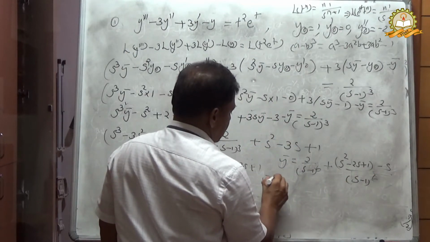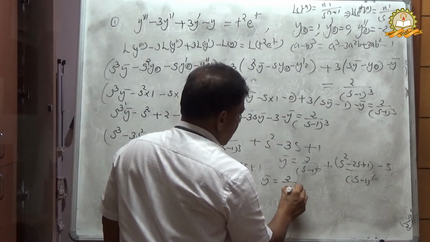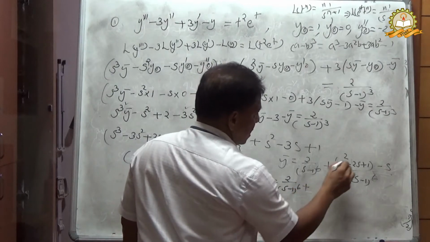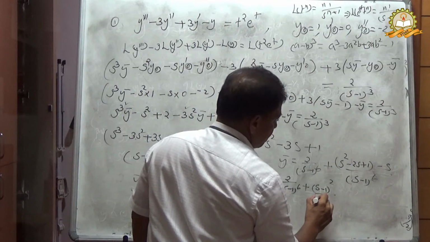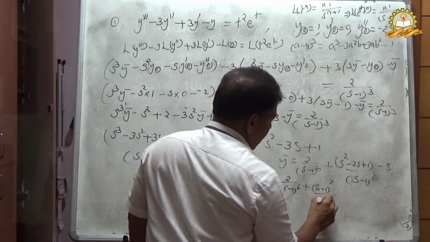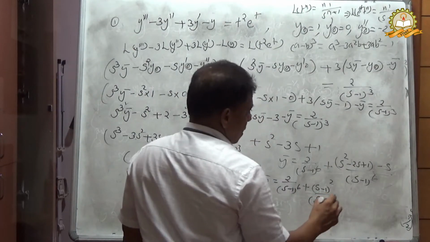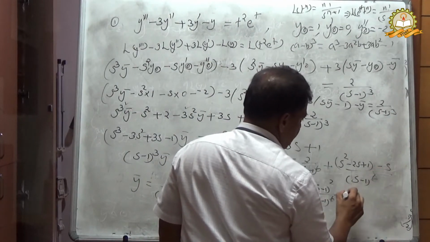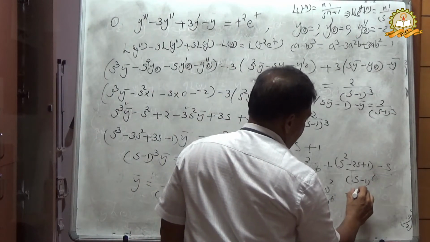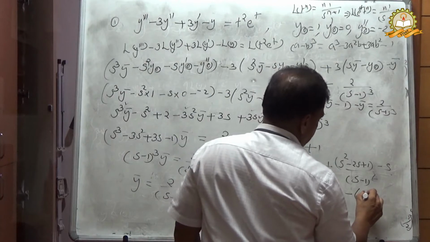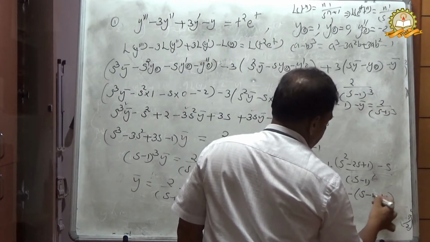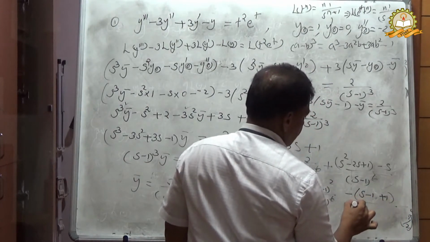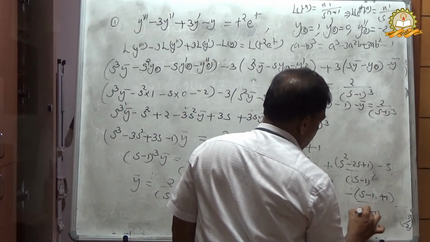That is y bar is equal to 2 by (s minus 1) whole raised to 6 plus this can be written as (s minus 1) whole square divided by (s minus 1) whole raised to 6. Then minus one more, minus s is here. This minus s can be taken as (s minus 1) plus 1, divided by (s minus 1) whole raised to 6.